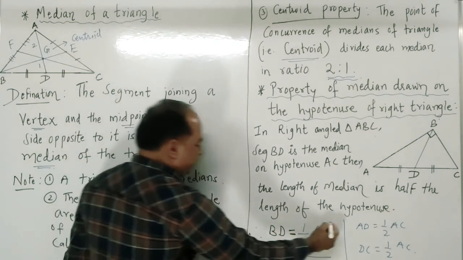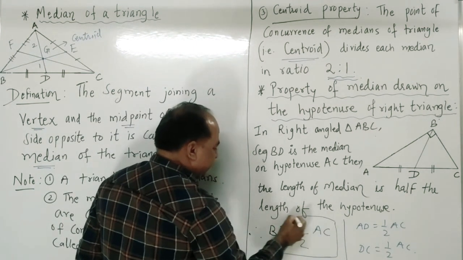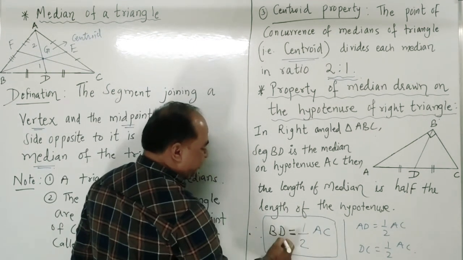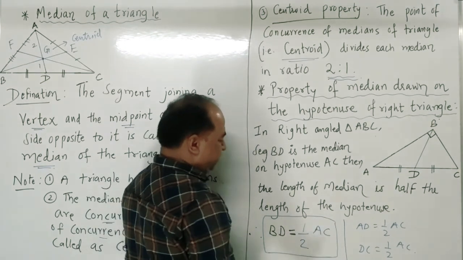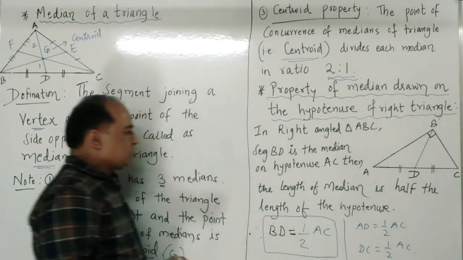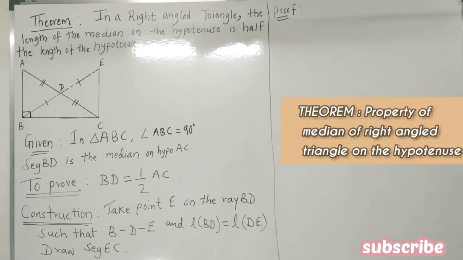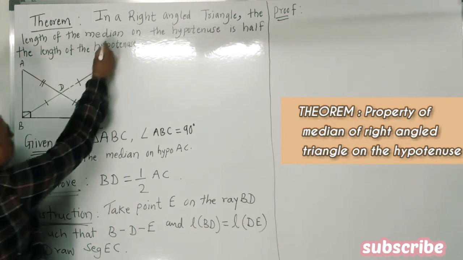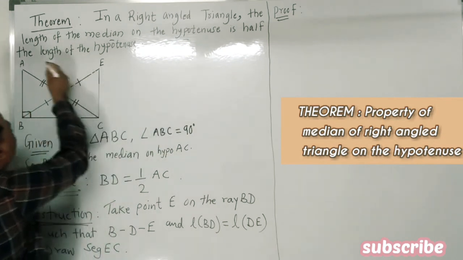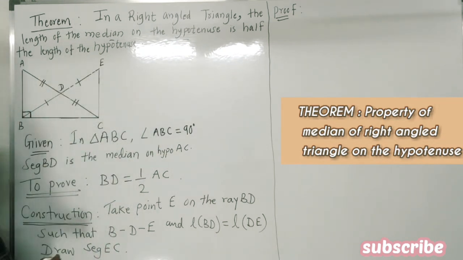So our property of the median is: the length of the median on the hypotenuse is half the length of the hypotenuse. Now the statement of the theorem: in a right angle triangle, the length of the median on the hypotenuse is half the length of the hypotenuse.